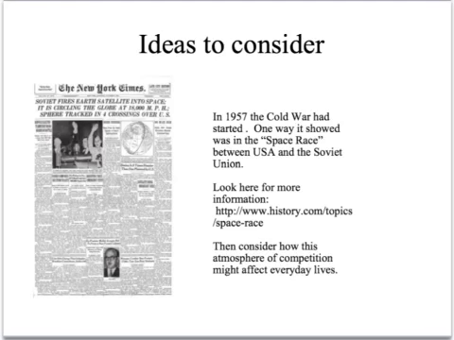It seems that the newspaper headline is more interested in the fact that the satellite has crossed over the United States 4 times than it is about the fact that, for the first time at this point, a satellite had been fired into space and was orbiting the Earth.